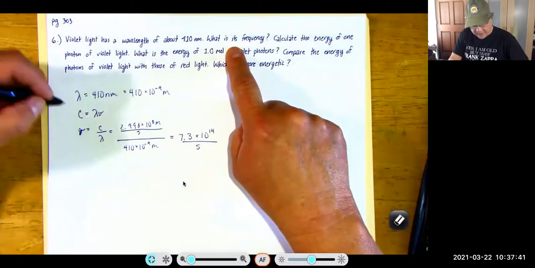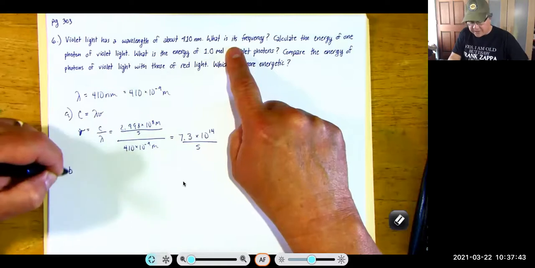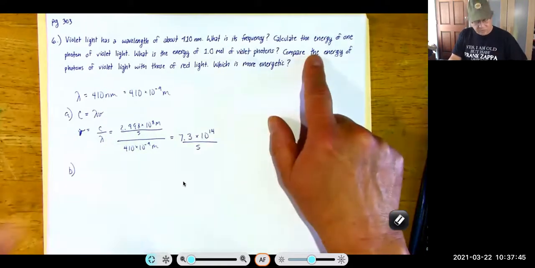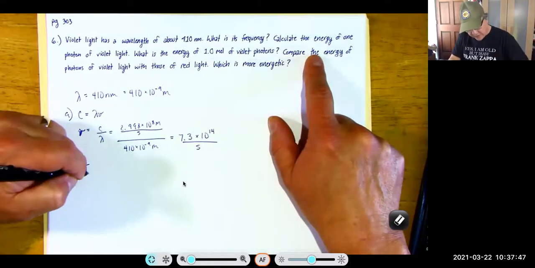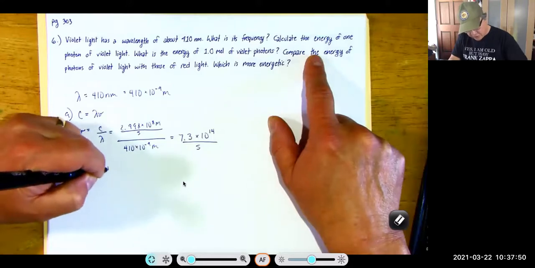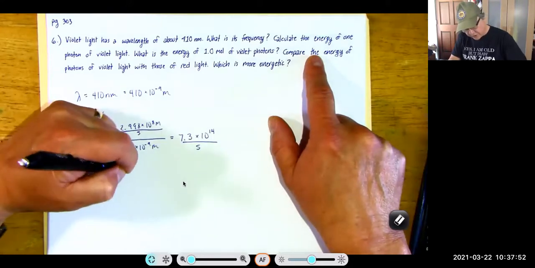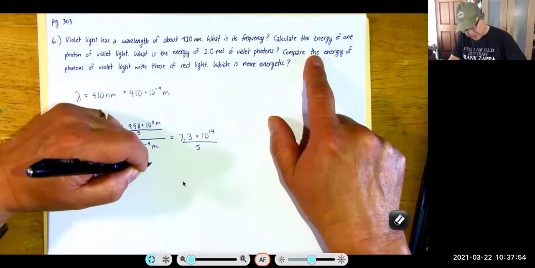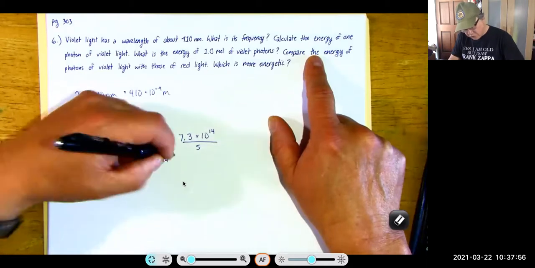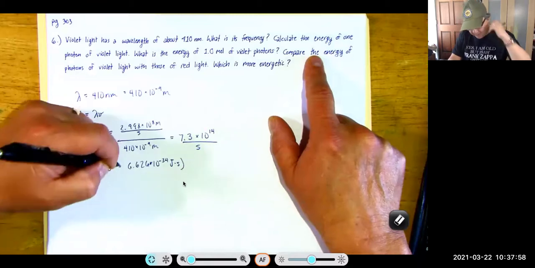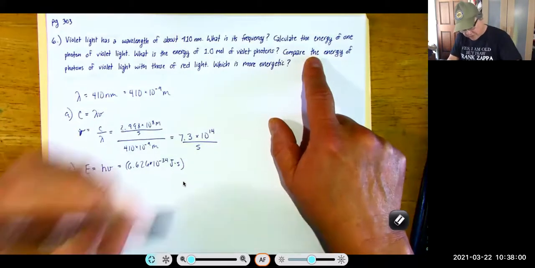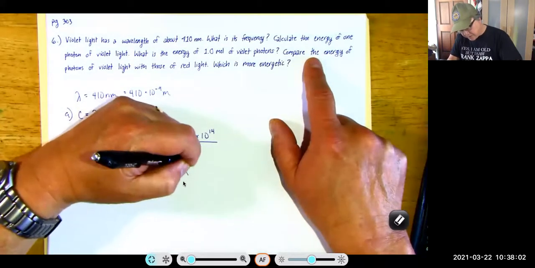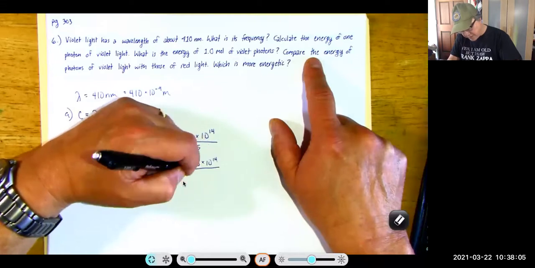So I'm going to call that A. So B is calculate the energy of one photon. So here we get to use E equals h nu. So we get 6.626 times 10 to the minus 34 joule seconds. And the frequency is 7.3 times 10 to the 14 per second.